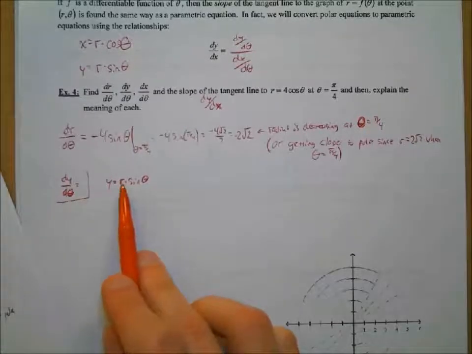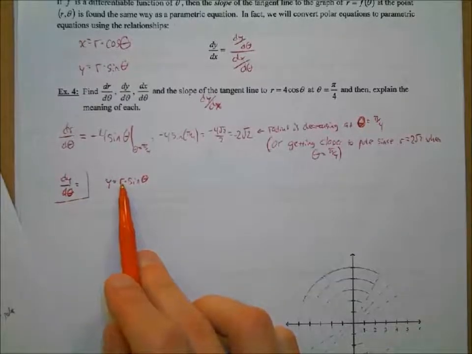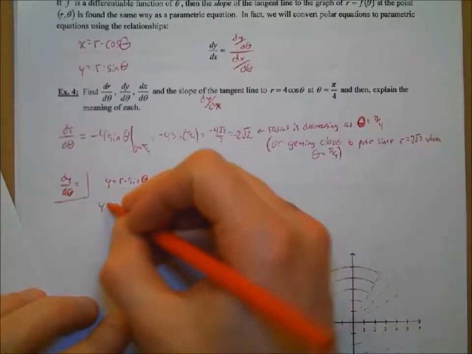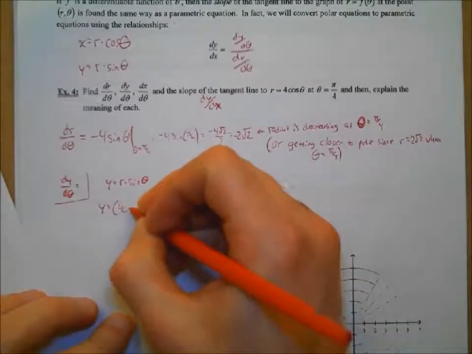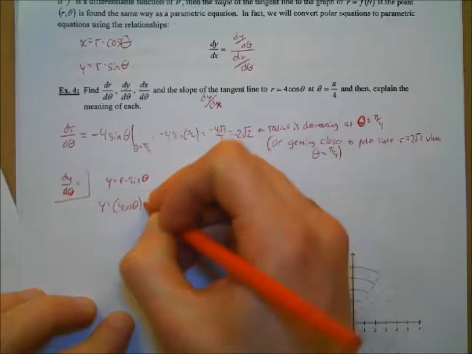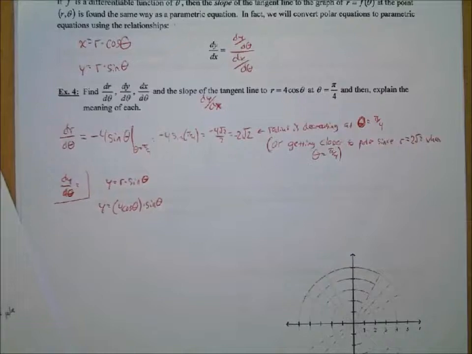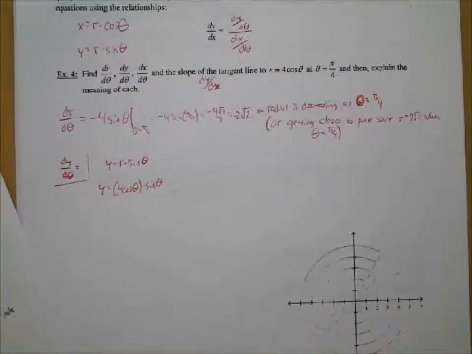But what is r in this scenario? 4 cosine theta. So we're going to replace this r with 4 cosine theta, because that's what our r is equal to. Okay. So now we have y in terms of only theta, and so now we can take the derivative with respect to theta.